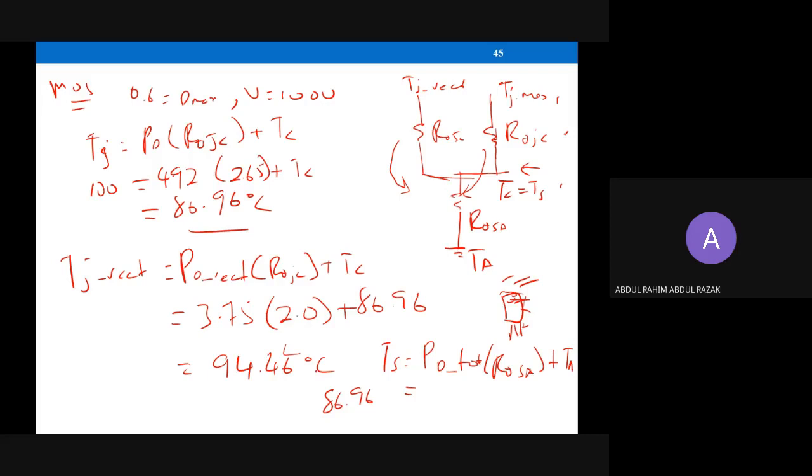PD is the PD total. So how much is the PD total now? PD of your rectifier, which is 3.75, plus PD of your MOSFET, which is 4.92.